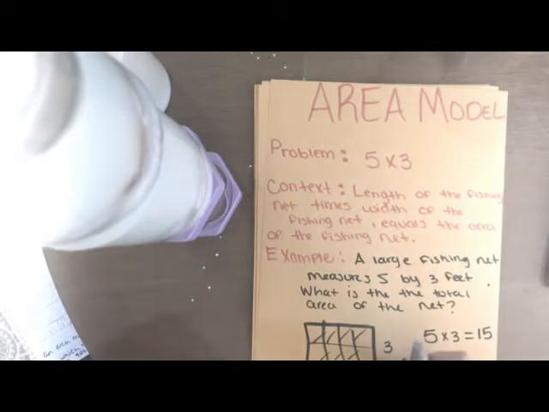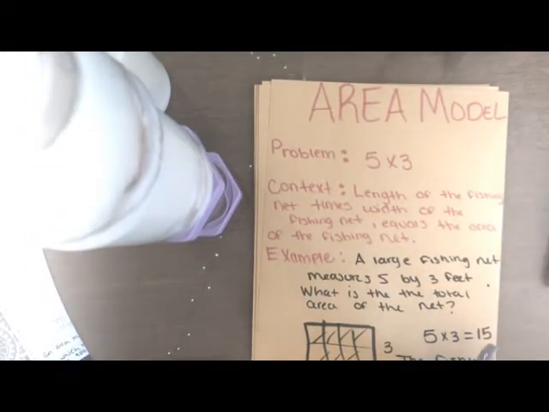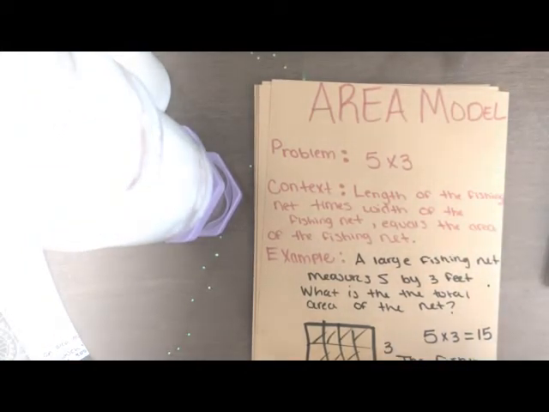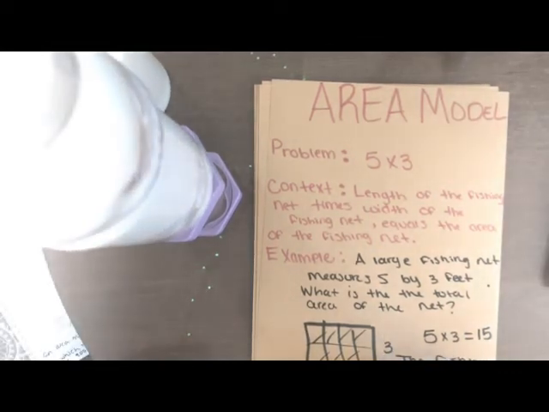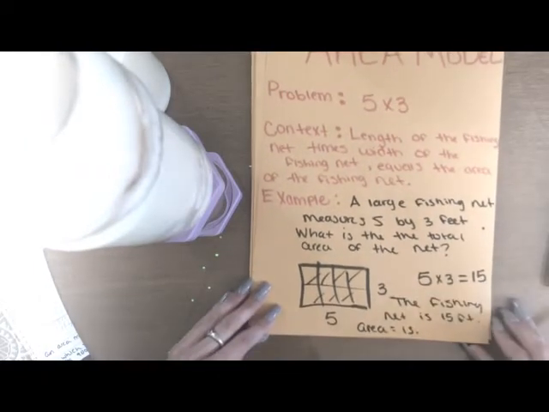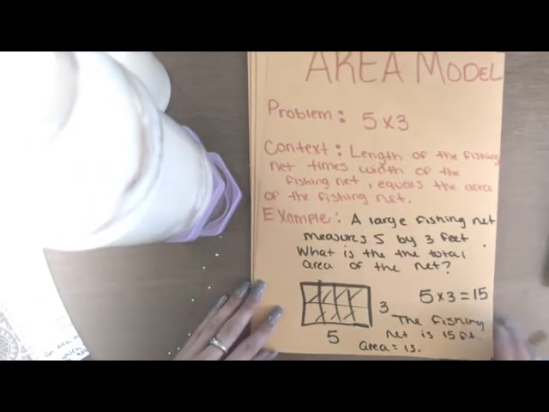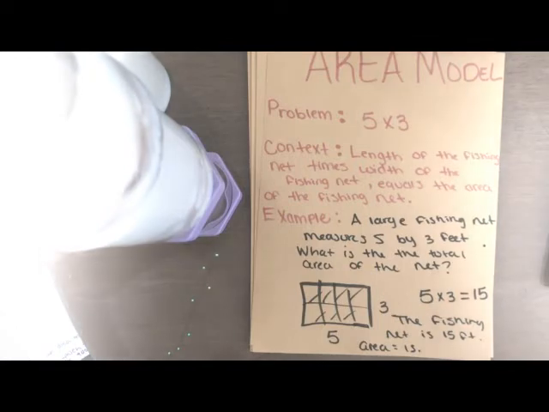The fishing net is 15 feet. And that is the area model for the problem 5 times 3.